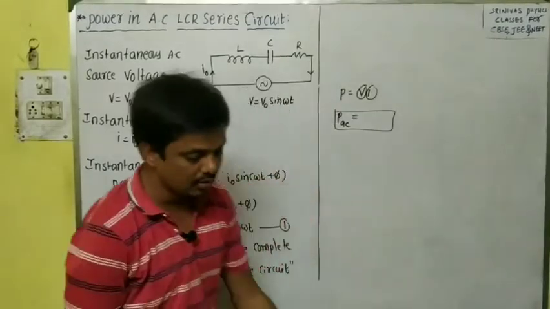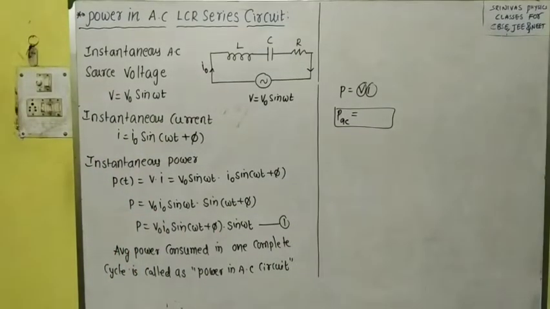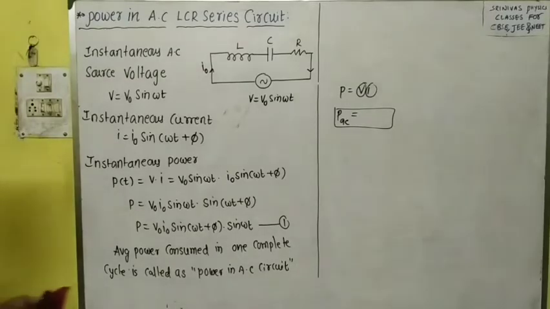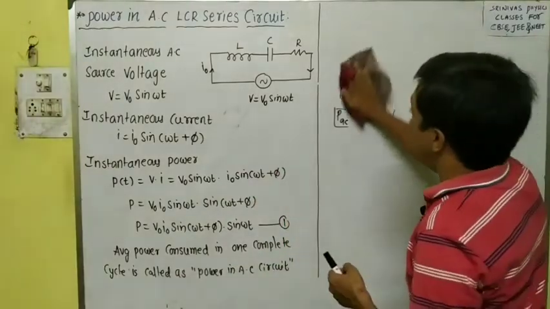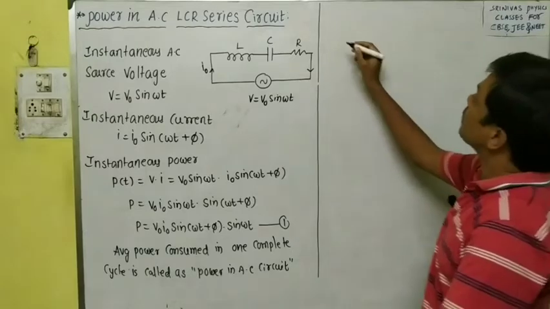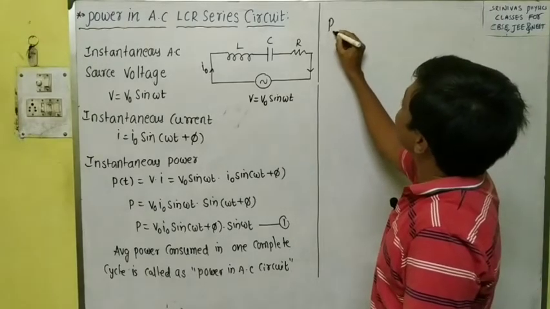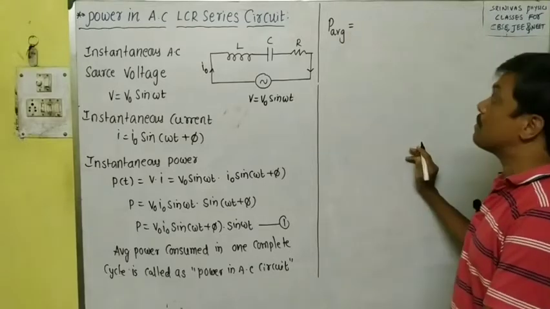Okay, let us see how to calculate the average power consumed in one complete cycle. Average power in AC circuit: the power varies with time. I want to find out the average power. For that purpose, there is one formula in mathematics.